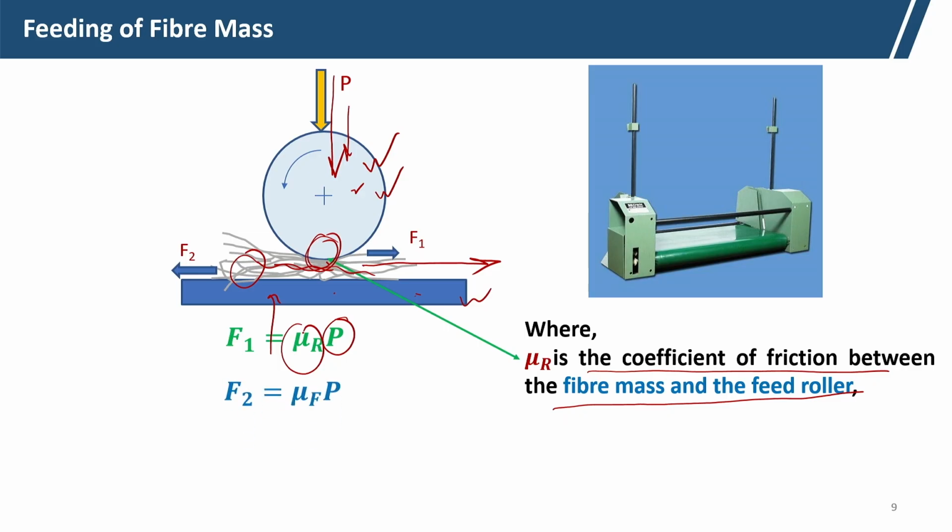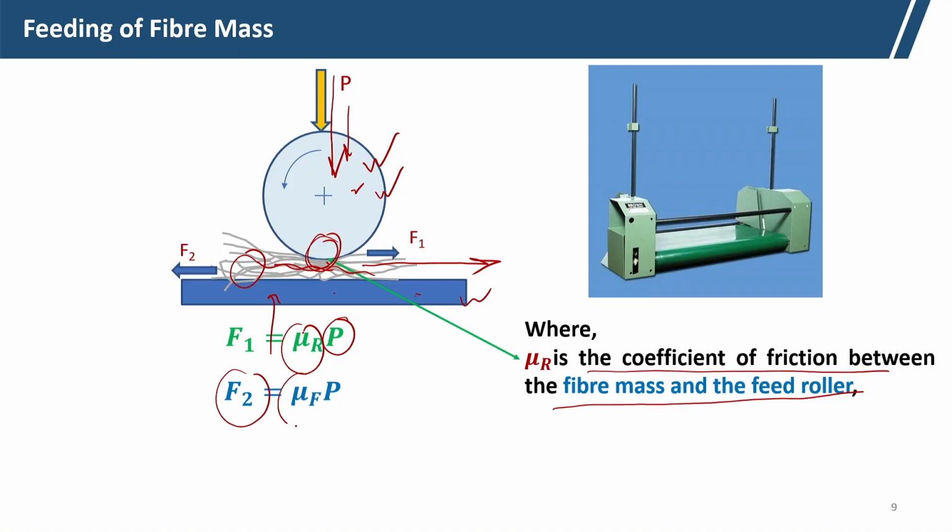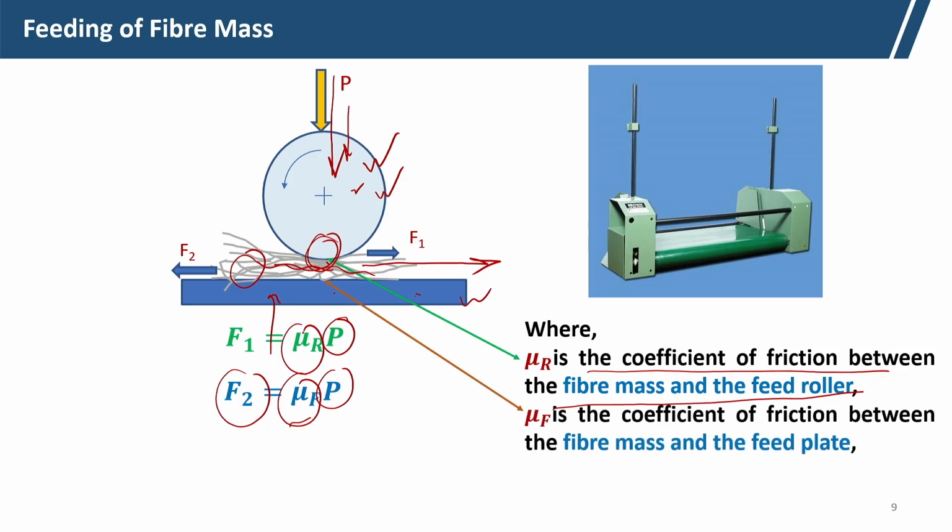Now, F2 is actually resisting the fiber movement, resisting the feeding. What is that? F2 is mu f times P, P remains the same, and mu f is the coefficient of friction between the fiber mass and the feed plate.